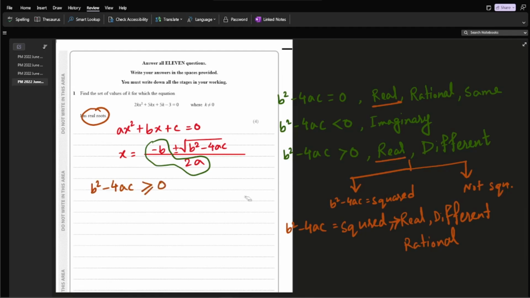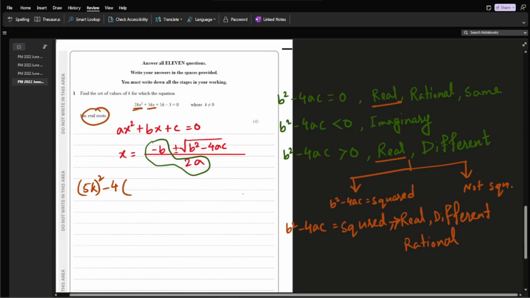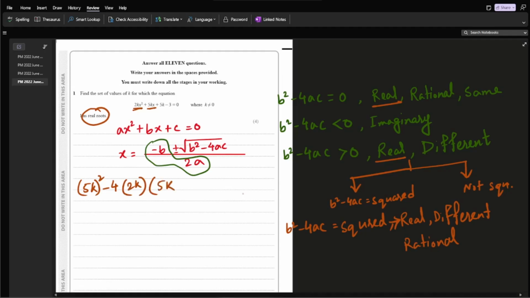Now in our case, b is 5k, so 5k squared minus 4 times a, which is 2k, times c, which is 5k minus 3, is greater than or equal to 0.